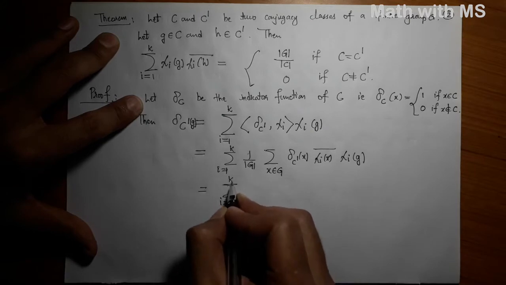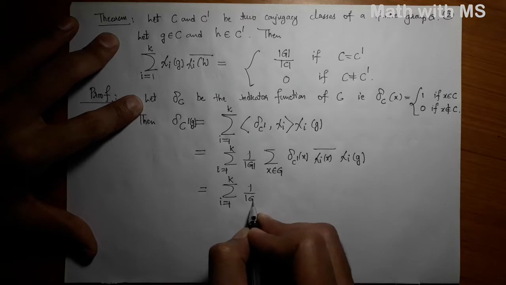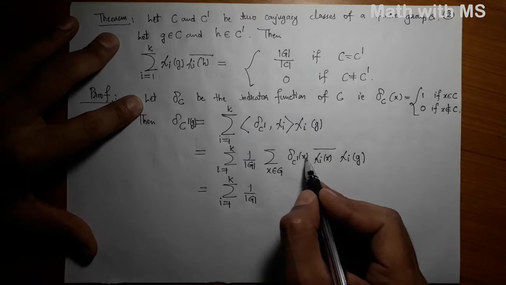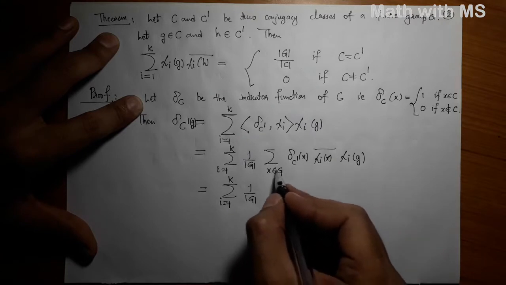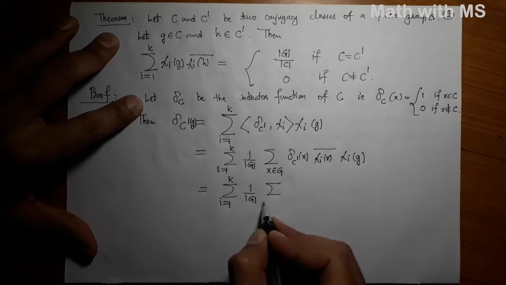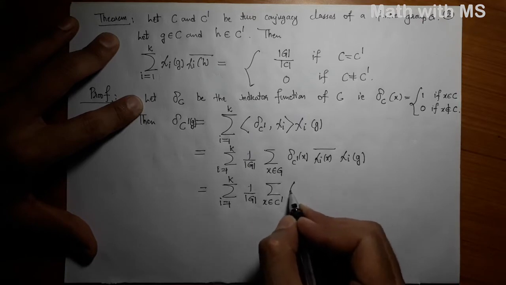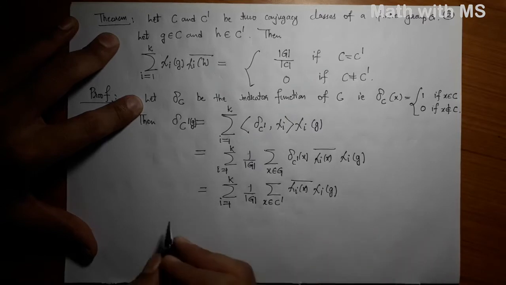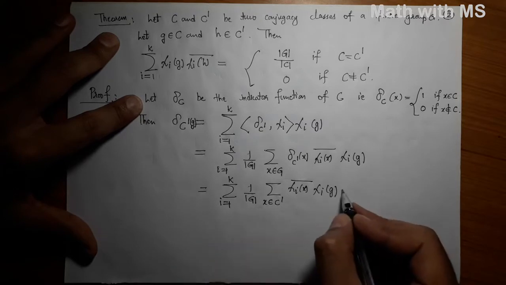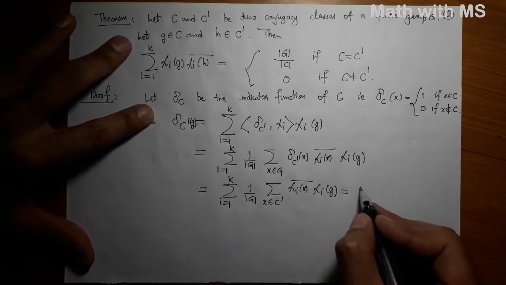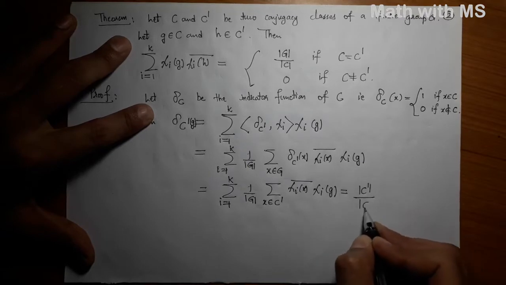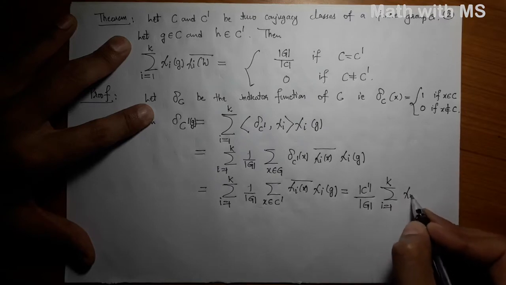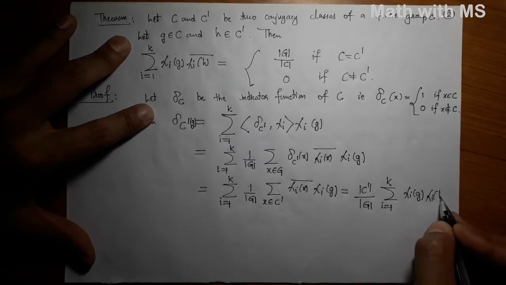This is the same as summation 1 to k, 1 by order of the group G. I know that delta C prime survives if and only if x is in C prime. So therefore this sum will run only over x in C prime, and now it becomes chi i of x bar and chi i of g. Right? But this is the same as order of C prime by order of the group G. I can take them out, and summation i going from 1 to k, chi i of g into chi i of h.